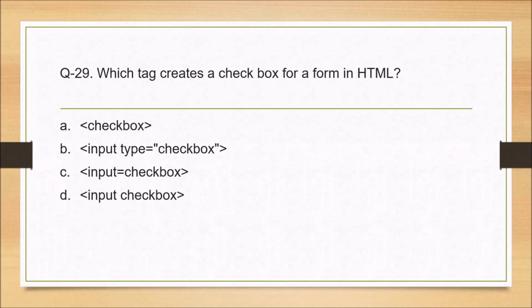Next question, which tag creates a checkbox for a form in HTML? Simply checkbox tag, or input tag with type attribute equals checkbox. And the correct option is B, input type equals checkbox.